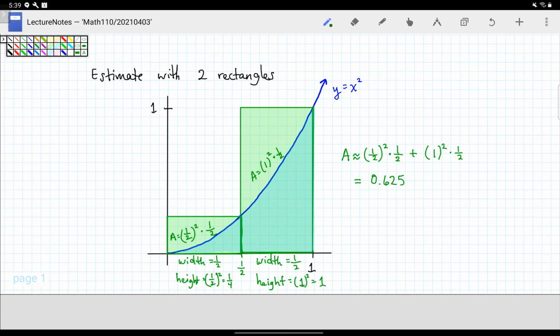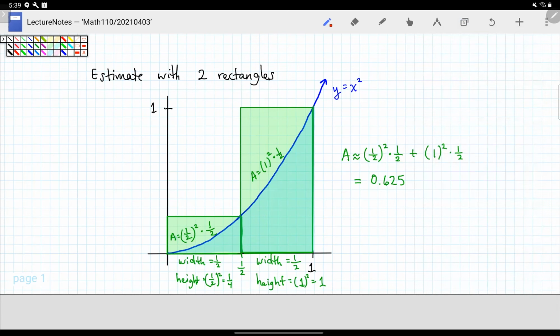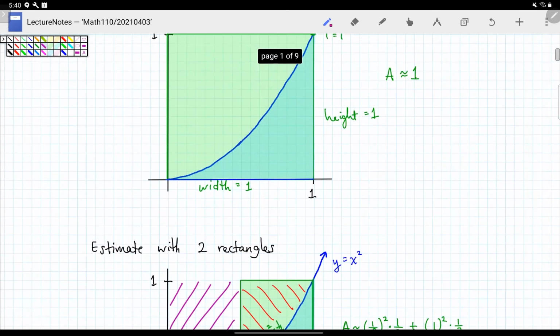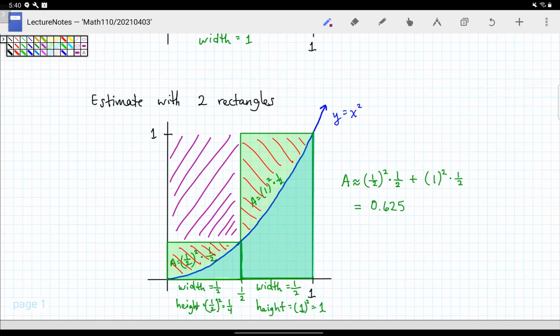You can see that we're still getting a whole bunch of extra stuff here, but a lot less extra stuff than before, because in our previous estimate we also had all of this in that first estimate. So we've gotten rid of a bunch of the extra stuff.